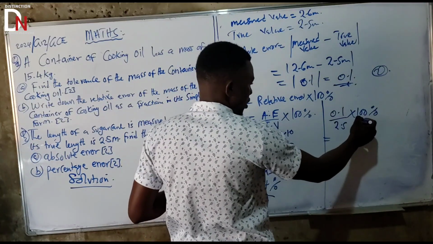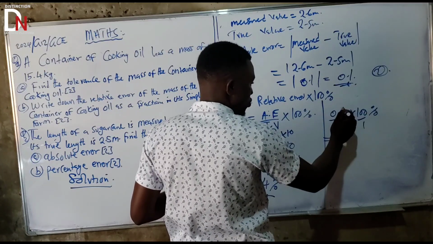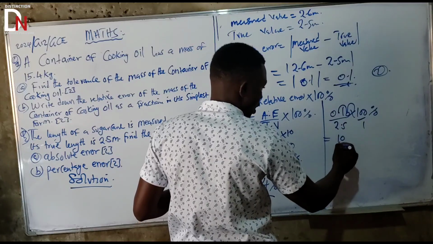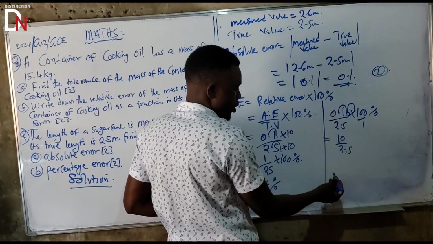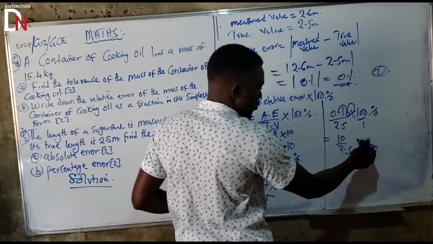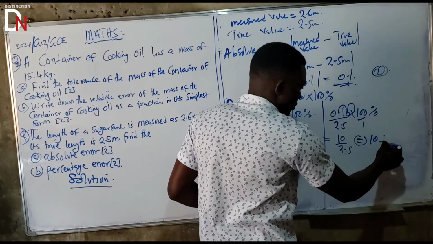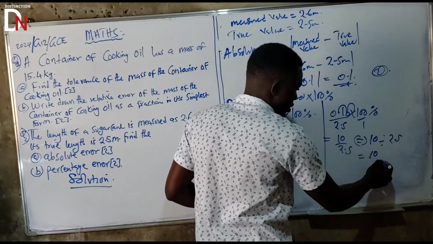So this is 100 over 1, and the point moves 2 times, 1, 2. This becomes 10 out of 2.5. Remember, we are solving a percentage. So this is basically the same as 10 divided by 2.5. Remember, you're not supposed to use a calculator.